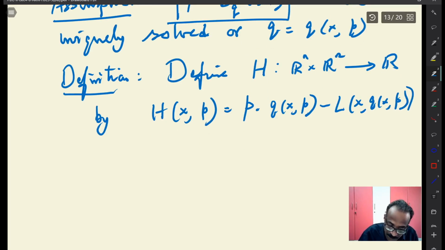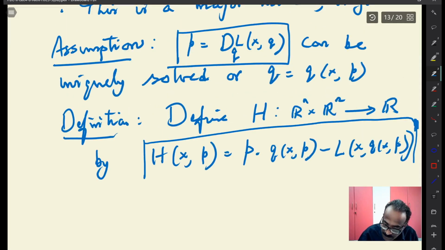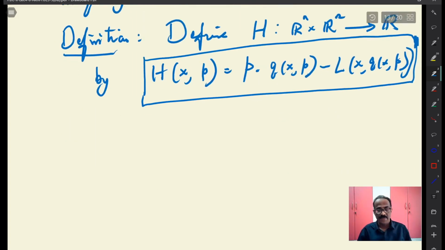This is my Hamiltonian for this equation. So you have your Hamiltonian defined like that.